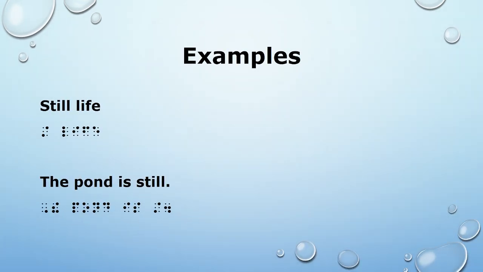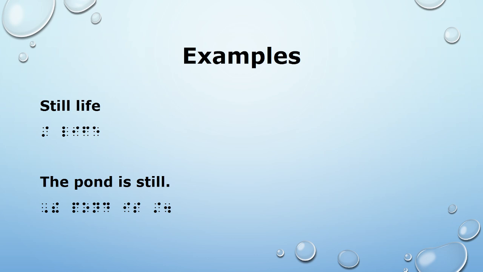For the phrase still life, instead of writing the full word for still, we can make use of the contraction for st. So that's dots 3, 4, and then the word life. So we're able to save several cells.